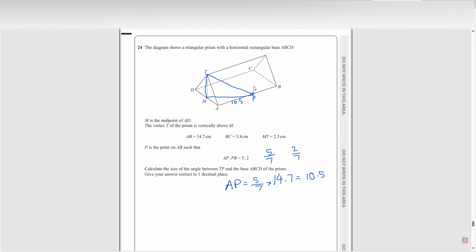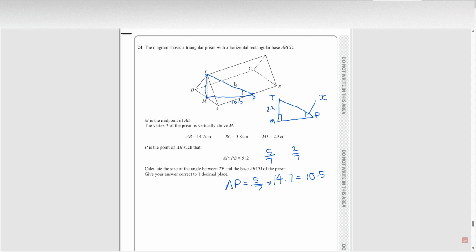And the angle we're looking for is going to be the angle down there. I always think it's a good idea to draw out a little sketch of the triangle. Okay, that's like our X. We already know some information about this. We already know what MT is, so we know that's 2.3, and we know that's a right angle.